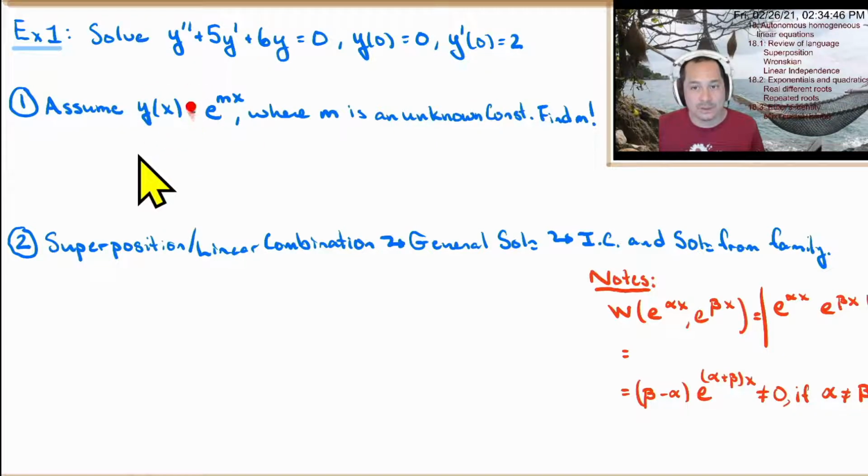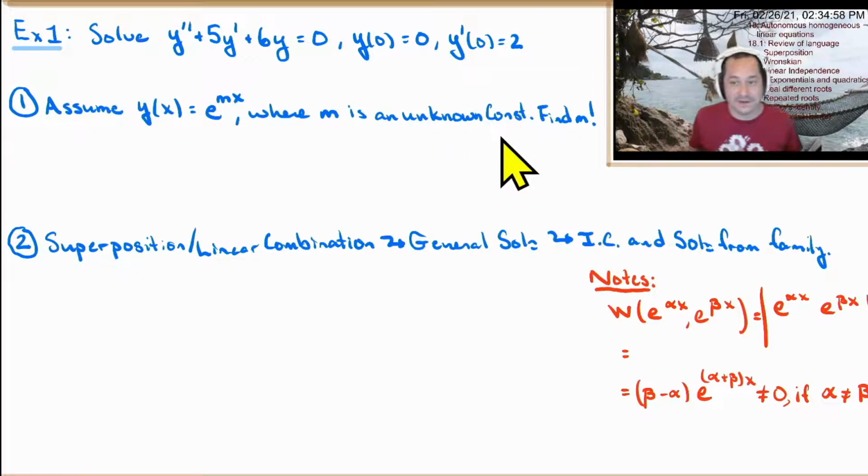So what I'm going to do is for this equation, I'm going to assume that my solution looks like e to the mx, where m is an unknown constant, and my goal is to find m. Okay. So, again, the beauty with DiffyQ is I can always just guess and then see if I'm right.